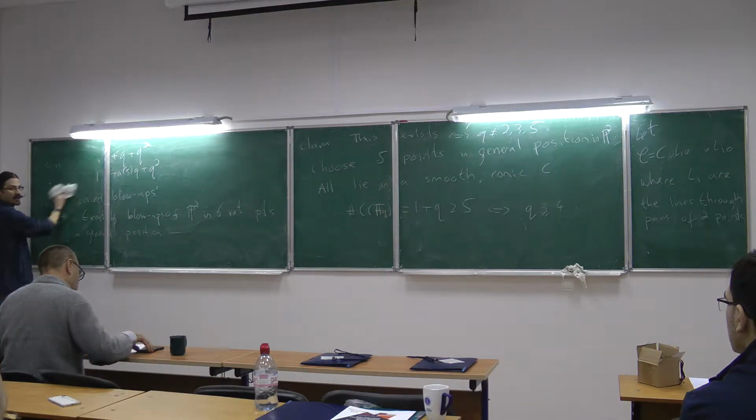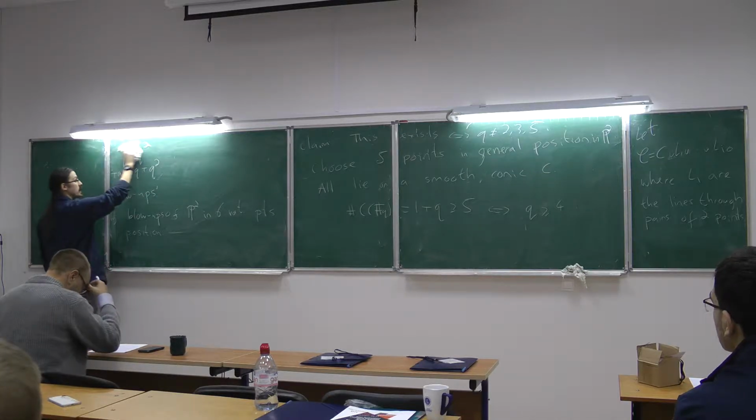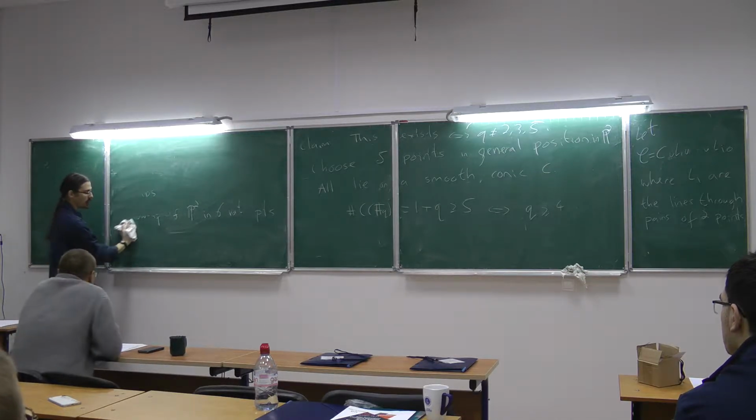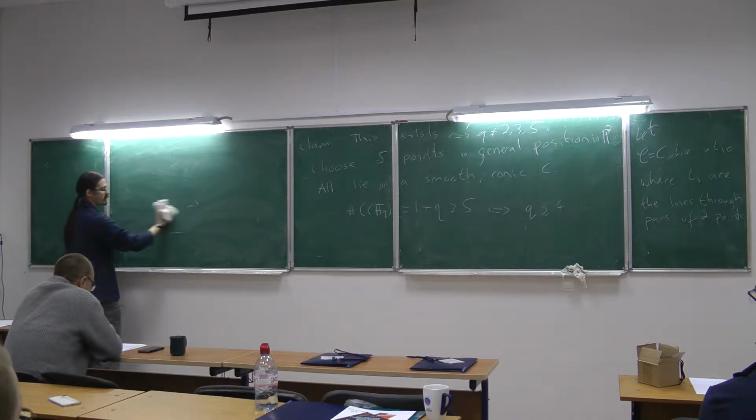And we want a sixth point which is in general position to the starting 5, which means exactly we want a point which does not lie in this configuration of the conic and these 10 lines.